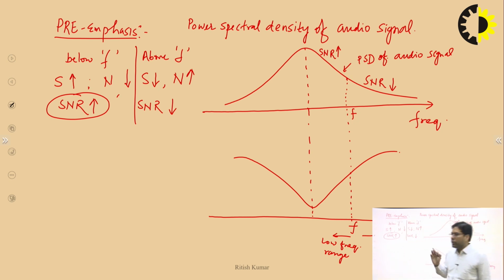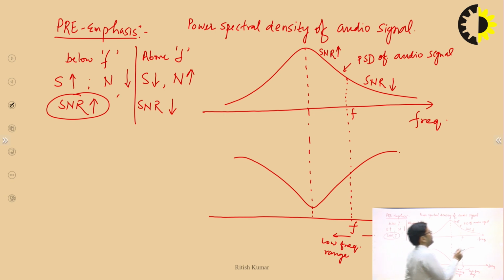So to improve the SNR at the higher frequency range, we have to do the pre-emphasis process at the transmitter side. How can we achieve the improved SNR above the frequency f?